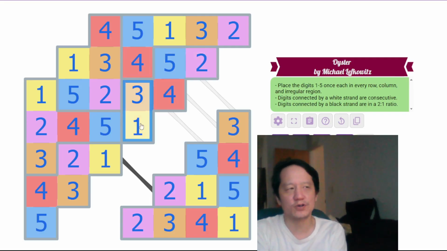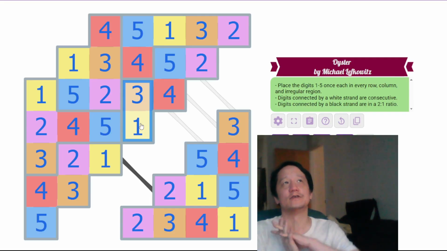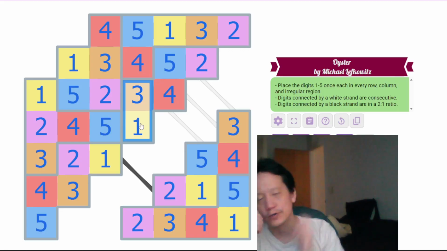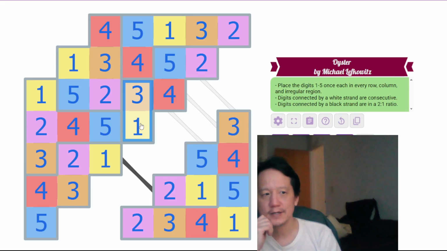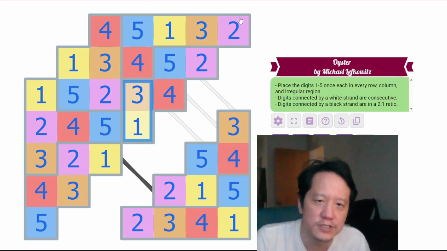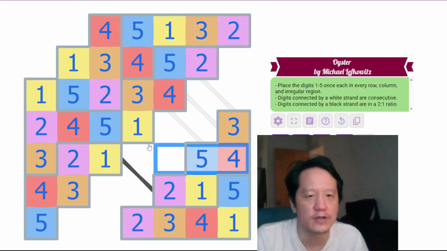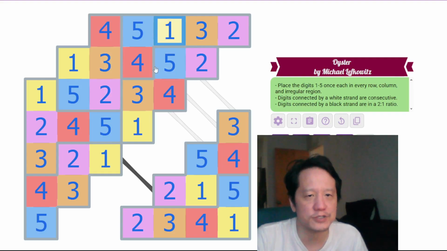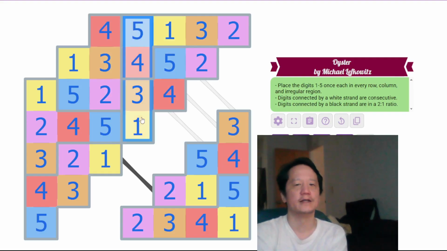These are non-standard, these irregular region Sudokus, which have more regions than the numbers that you need to supply them with, right? I think there are 7 regions here. Yeah, because there's 7 rows and 7 columns. But there are 7 regions here and 7 rows and 7 columns, all of which must contain the digits 1 through 5 once each.